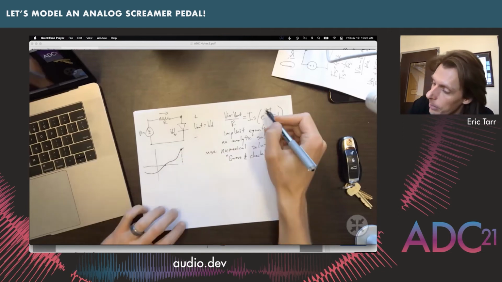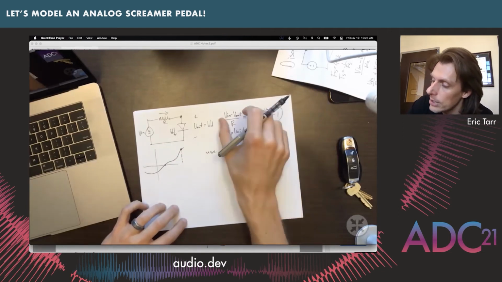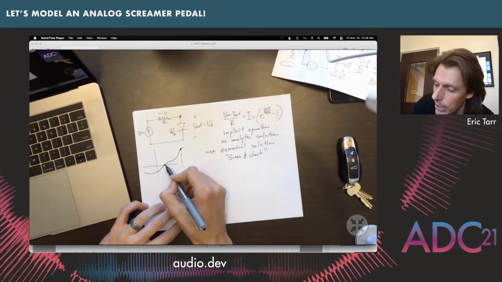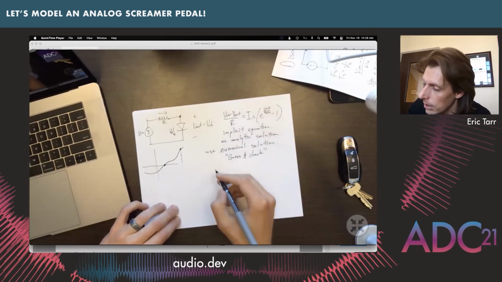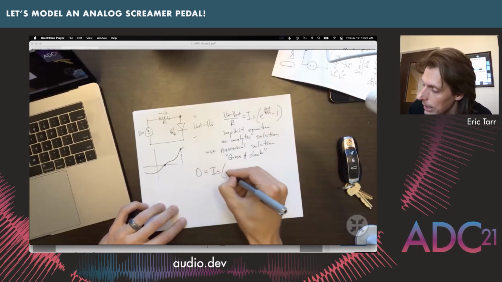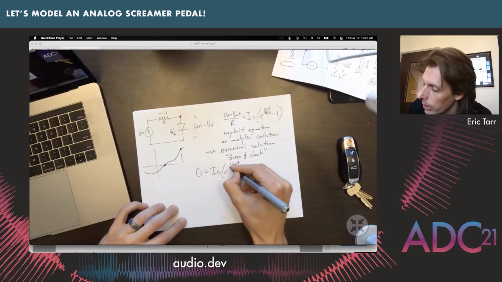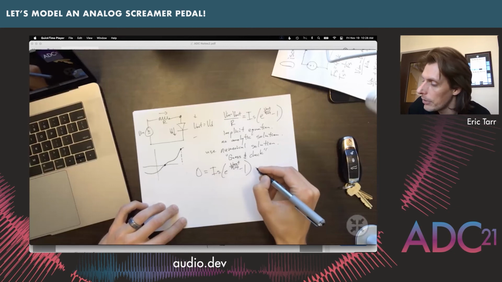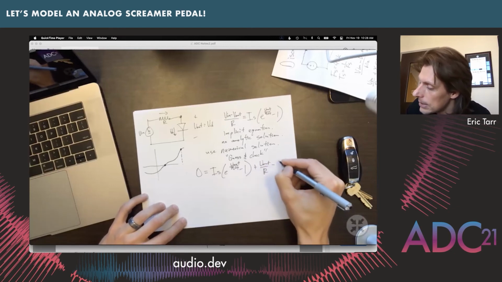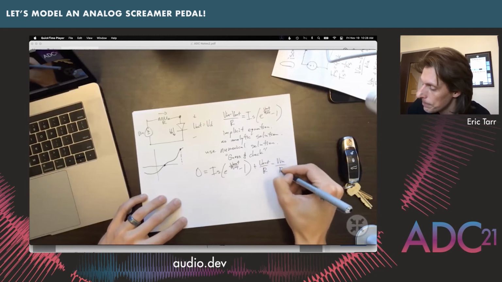Technically, the best way to do this is to rearrange this so that we solve it for 0. So now we can find the root of it this way. Let's rearrange this onto the other side. We have 0 equals IS e to the V out over eta VT minus 1, and then we'll have a positive V out over R minus V in over R.